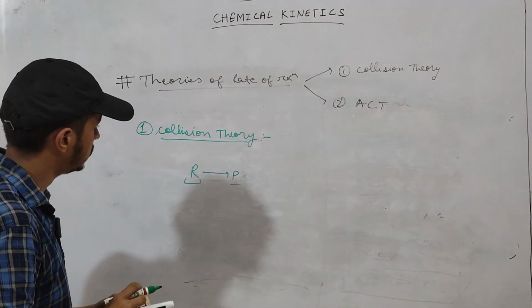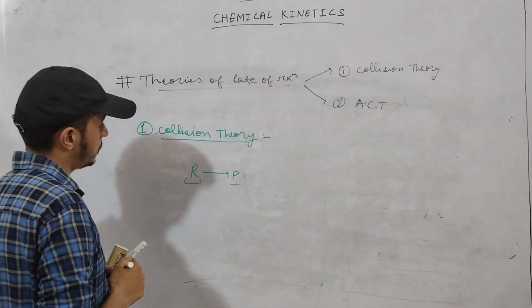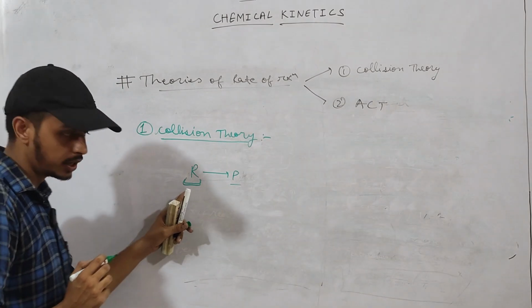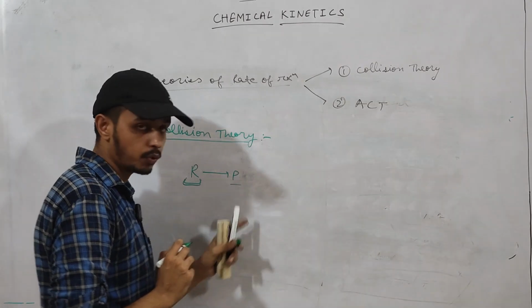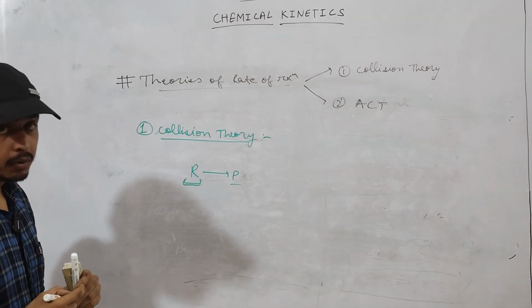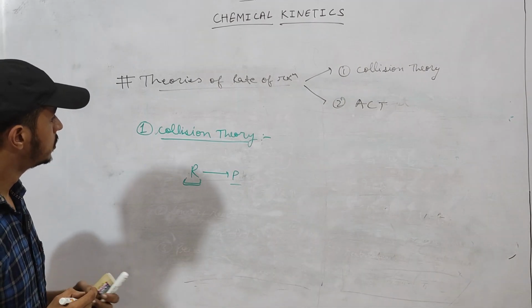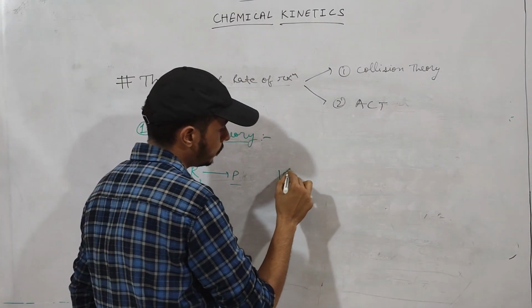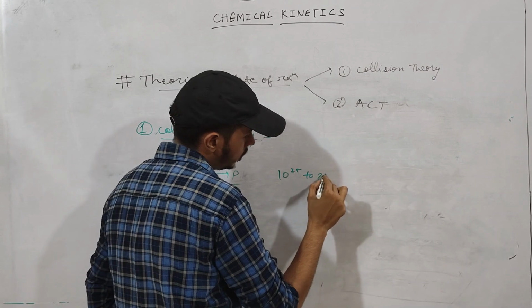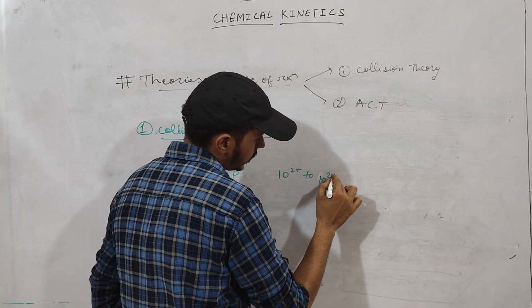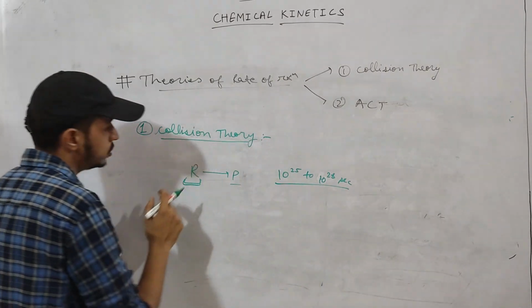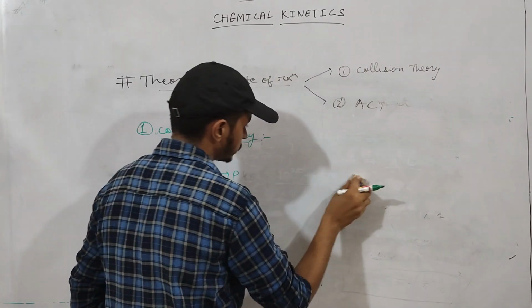So we can understand simply that a minimum amount of energy should be there for reactant molecules to convert into product. The collision frequency value is very high, 10 to the power 25 to 10 to the power 28 per second, for collision theory.